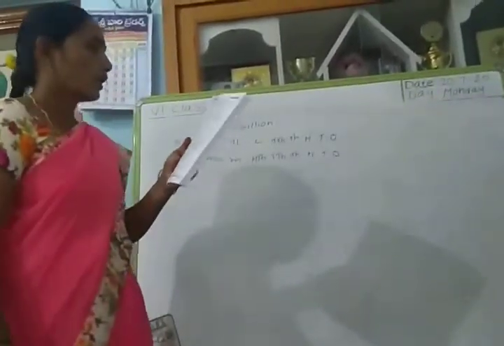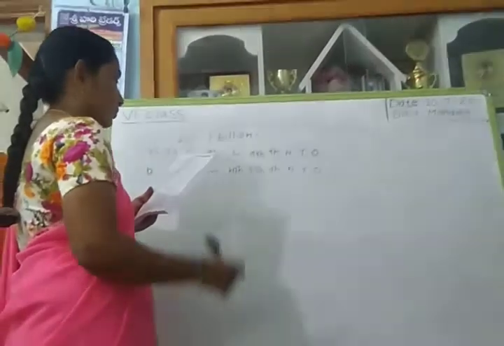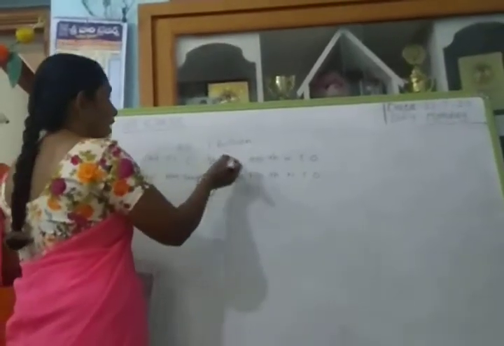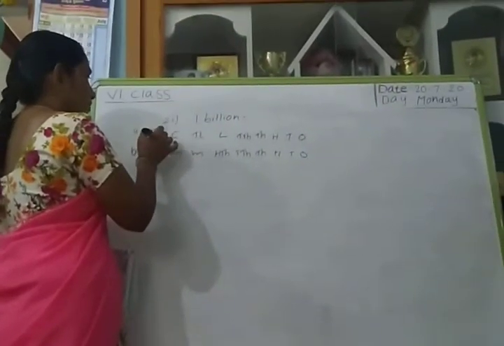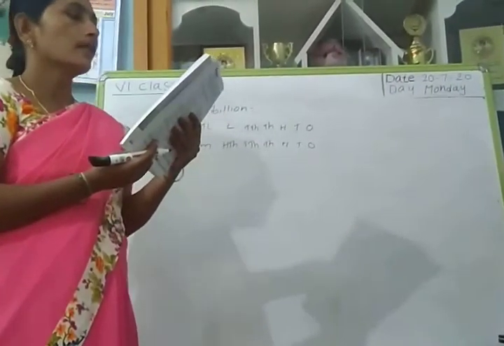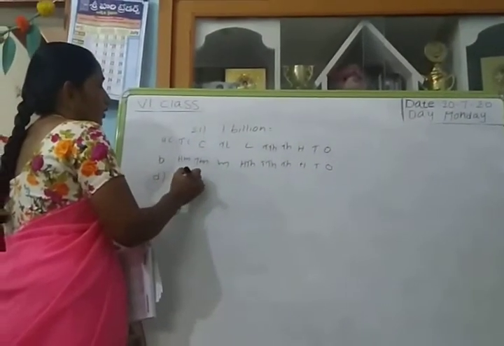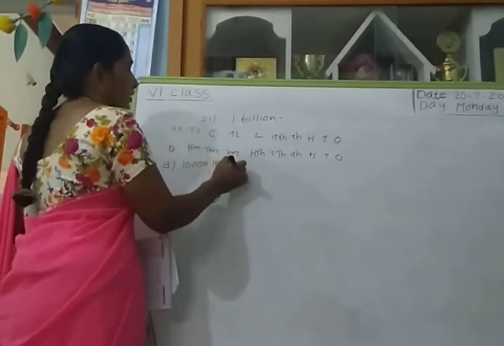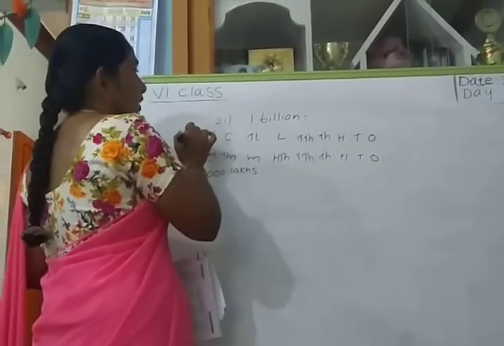So now what did they ask? 1 billion is equal to 100 crores. Here there is no 100 crores. See the last option: lakhs after 10 lakhs, 100 lakhs, 1000 lakhs, then 10,000 lakhs. So 10,000 lakhs, option D. They gave the answer in lakhs. 100 millions is equal to 10 crores only. 1 billion means 100 crores.